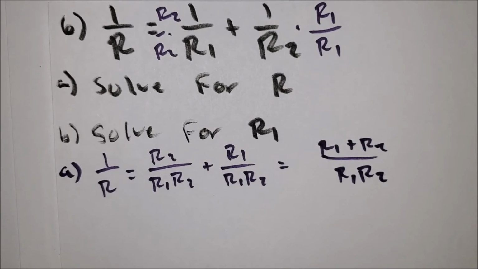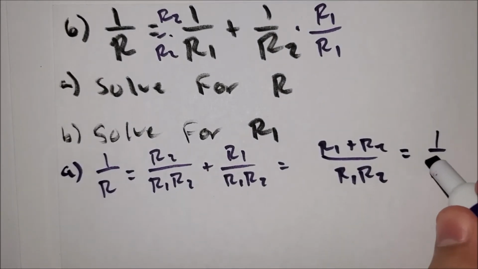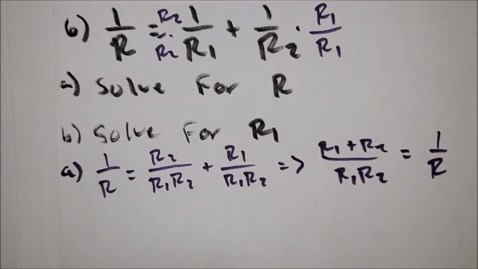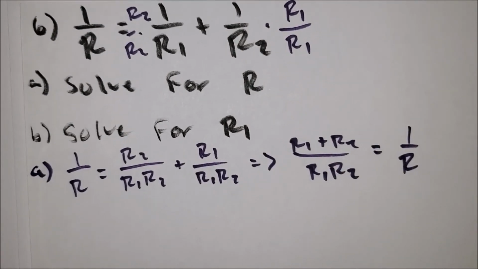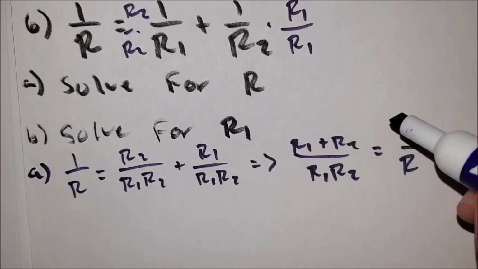So when we solve for R, we have 1 over R equals this. What we're going to do is going to look weird when we do it, but it actually makes a lot of sense. We're simply going to flip both sides.